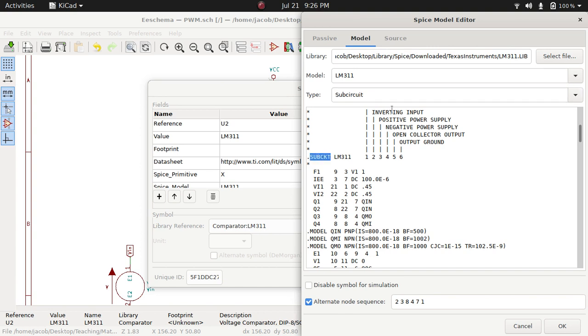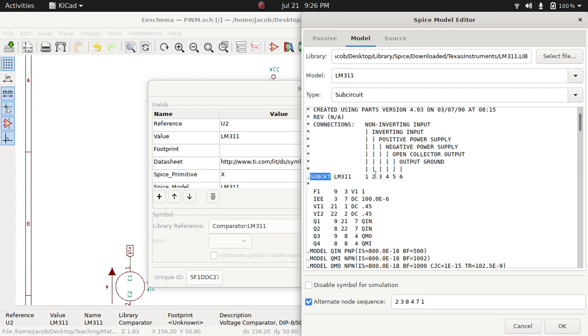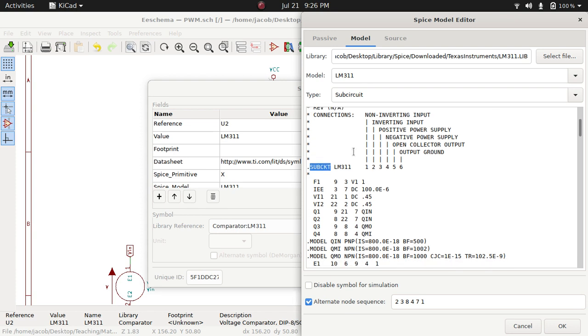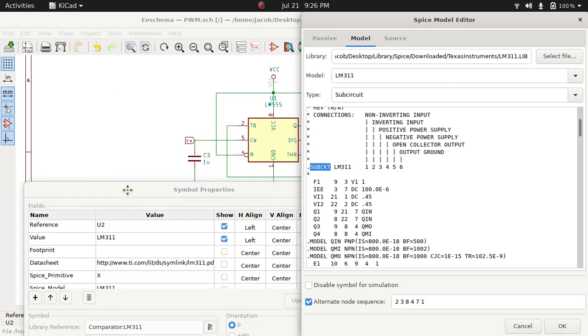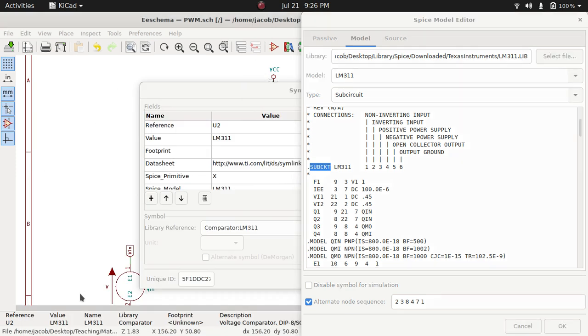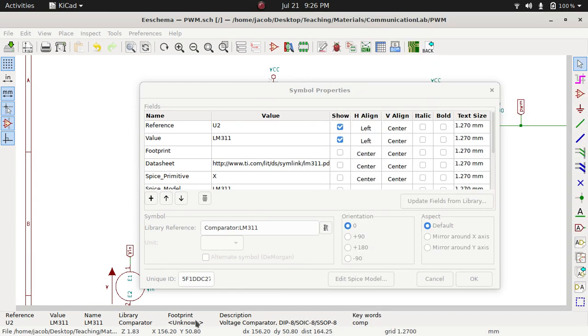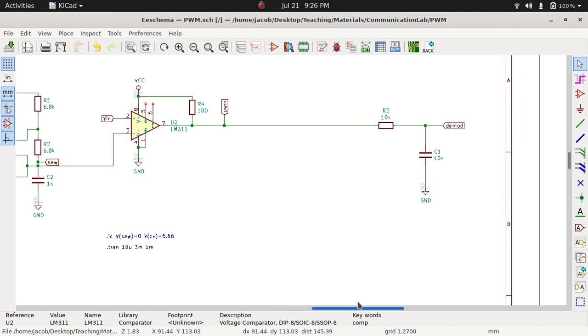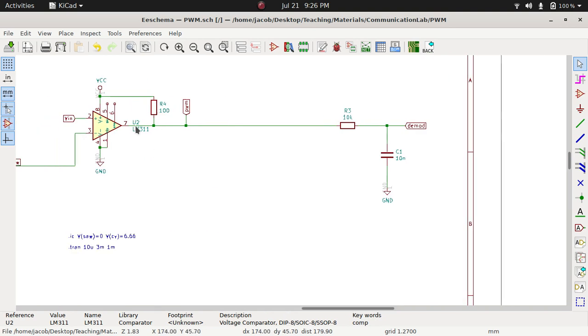This is the content of that file. But unlike the symbol that is shown here, the SPICE model doesn't have so many pins, so we will have to see how the pin mapping is done.